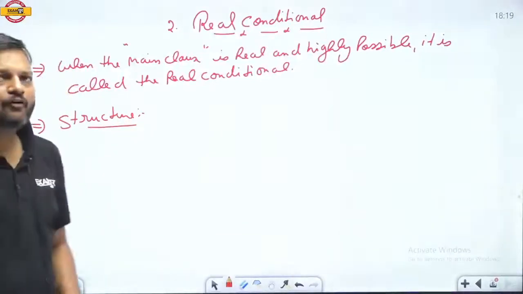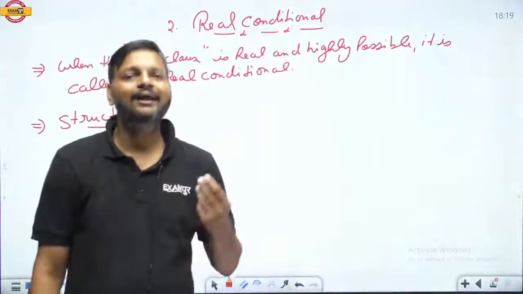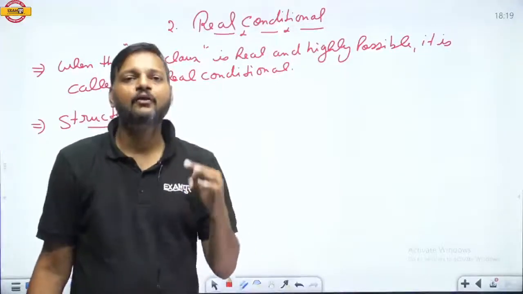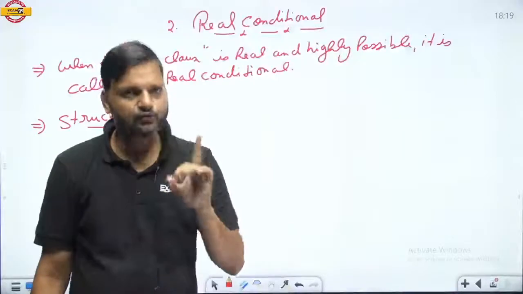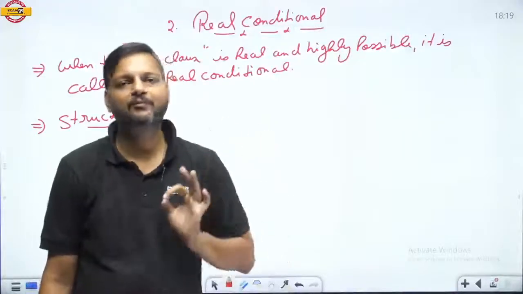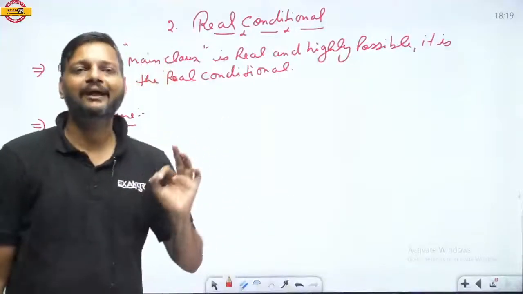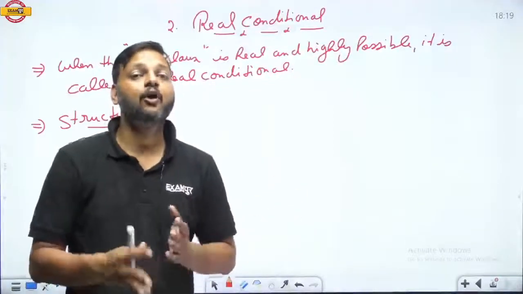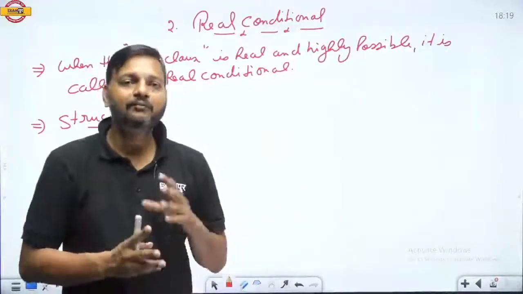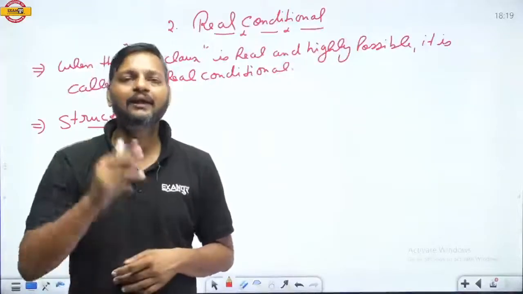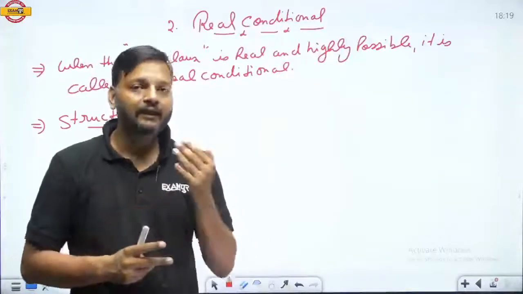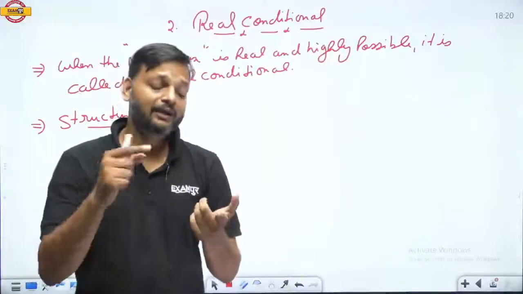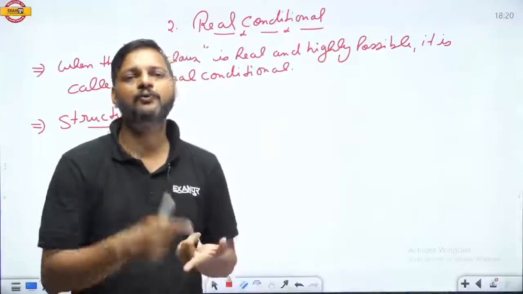The structure of a real conditional is a complex one. As we have seen, a factual conditional has just one structure, present indefinite plus present indefinite. But this is not the case with the real conditional. A real conditional has a bit complex sentence structure, because in a real conditional, the if clause can be in any present tense. Any present tense means it can be present indefinite, present continuous, present perfect.